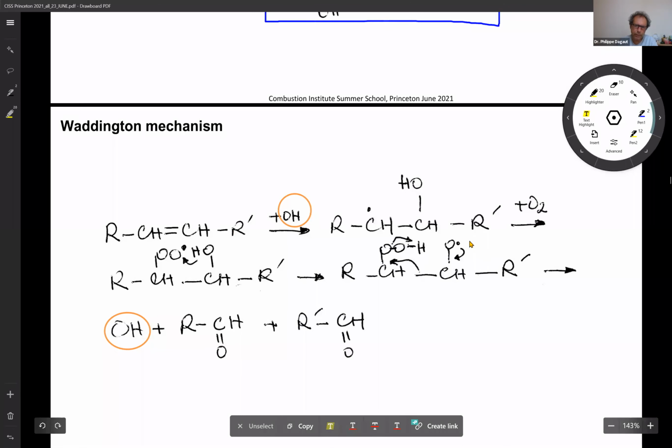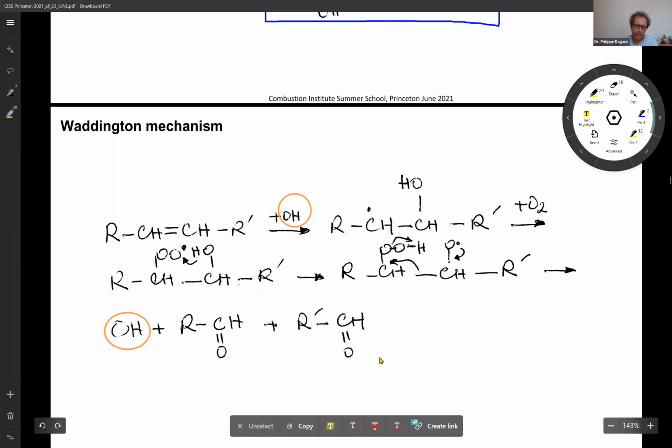And then here you have the formation of a double bond breaking, second formation of double bond, and here you break the weak bond between the two oxygens, and you form an OH radical plus an aldehyde and a second aldehyde here.